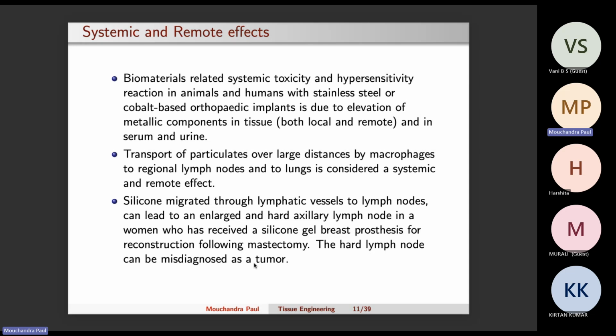So a doctor can misdiagnose that because of your silicone breast implant a tumor has been created. All right. So this is again an example of how implantation can cause systemic or remote toxicity.